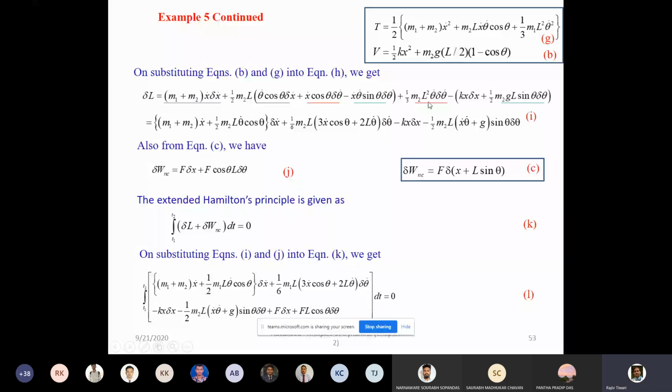Then minus the potential energy. The variation of this is simple: k x delta x. And then the variation of this. When we take the variation, the constant term will vanish, similar to differentiation. If we differentiate a constant term, it becomes 0.